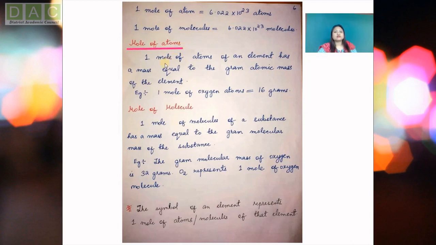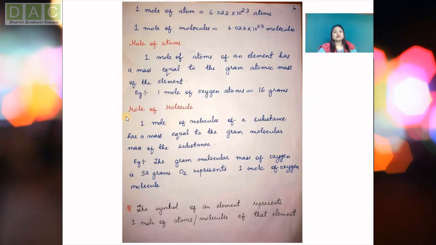So what is mole of atoms? 1 mole of atom of an element has a mass equal to the gram atomic mass of the element. For example, we have taken the example of oxygen atom. So 1 mole of oxygen atom is equal to how many grams? 16 grams. We know that oxygen atomic number is 8, and so the atomic mass is 16. And so since gram atomic mass is equal to 1 mole, 1 mole of oxygen atom is also equal to 16 grams.